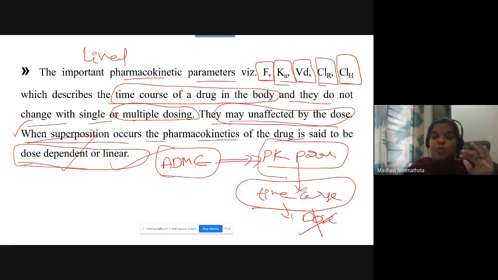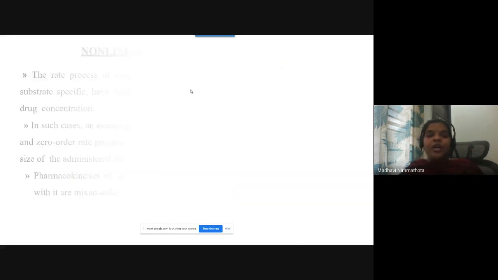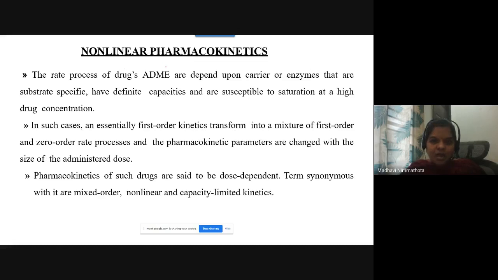When this superposition occurs in the pharmacokinetics of the drug, it is said to be dose dependent or linear. These parameters are unaffected by the dose and only affected by the time course of the drug. So this is all of linear pharmacokinetics.